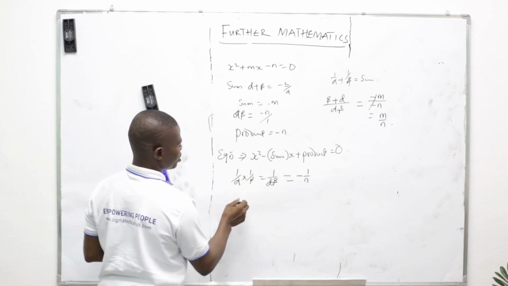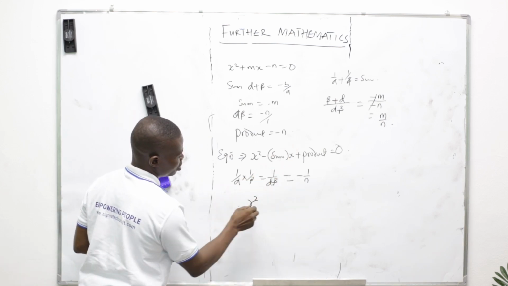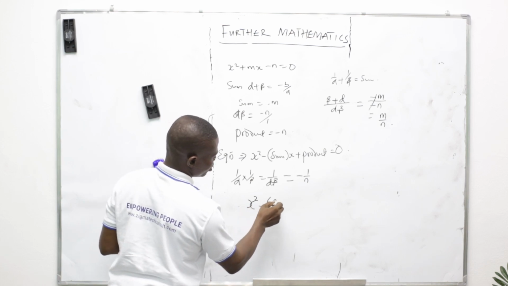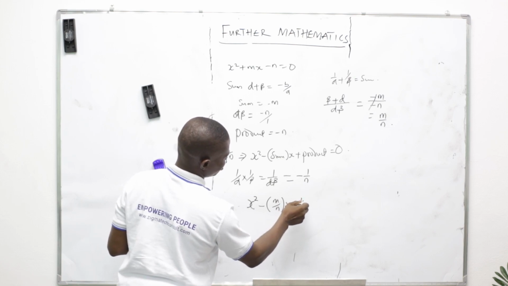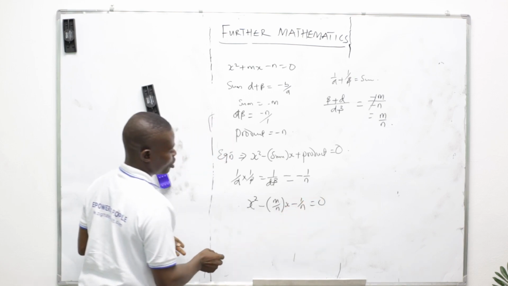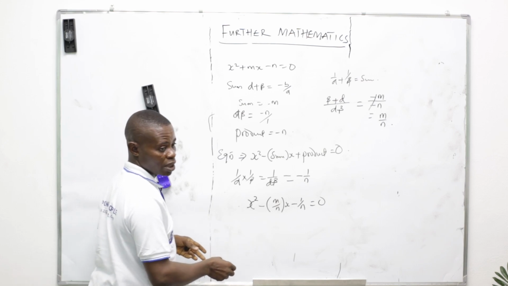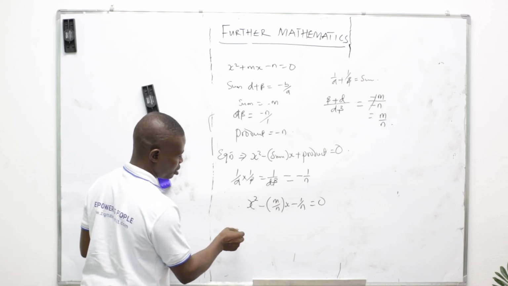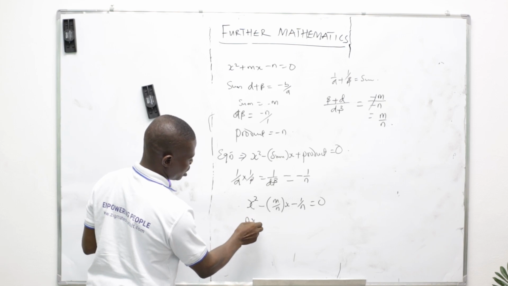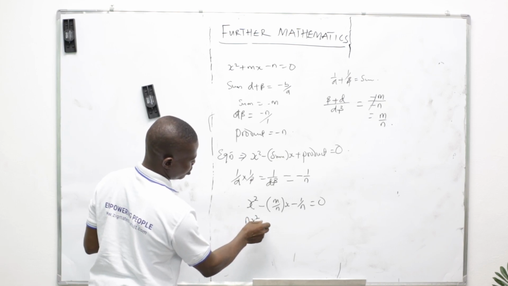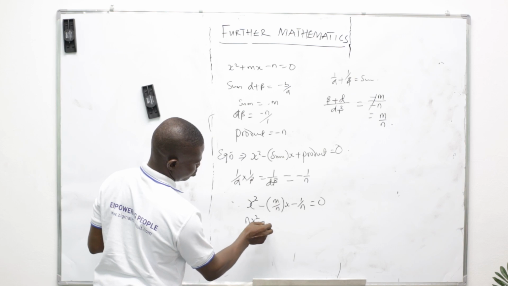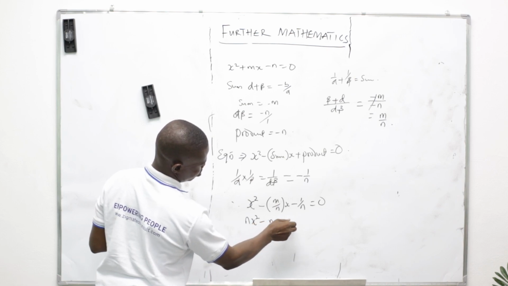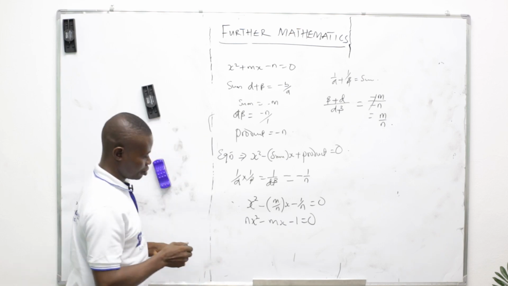Now let us fix to get this equation, meaning s squared minus sum m all over n into s plus product equals this, meaning that our equation now is ns squared minus ms minus 1 equals 0.